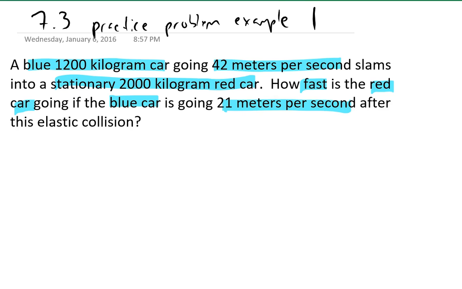This problem does us the favor of actually telling us that it's an elastic collision. From what I've seen, there's a good chance they're going to be just like that.